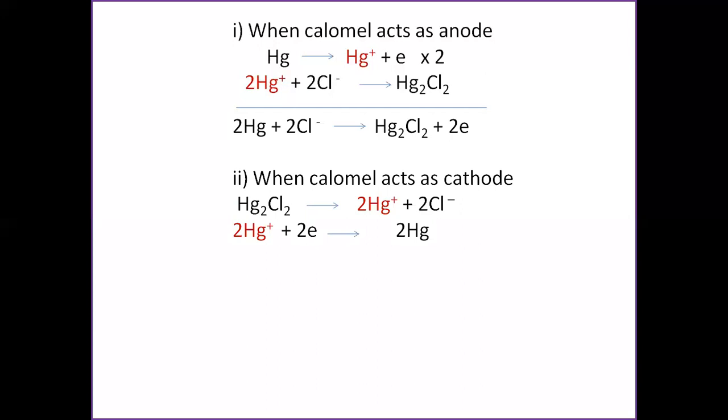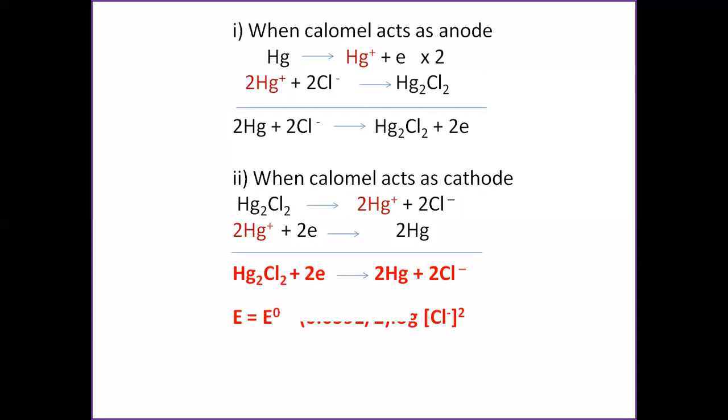If you balance the reaction happening at cathode, you will see that Hg2Cl2 receives 2 electrons, becomes 2Hg plus 2Cl-. On careful observation, you can find that the reaction happening at anode is exactly the reverse of the reaction happening at cathode. So that is, it is reversible.